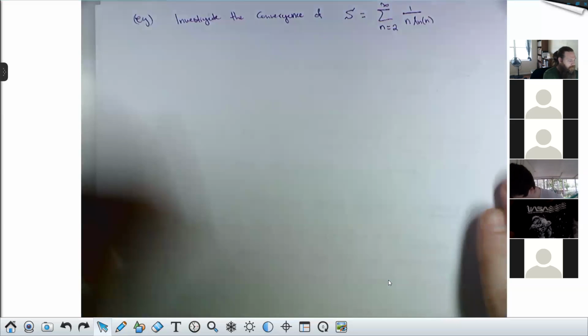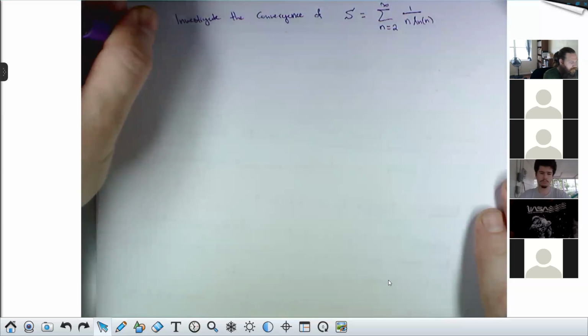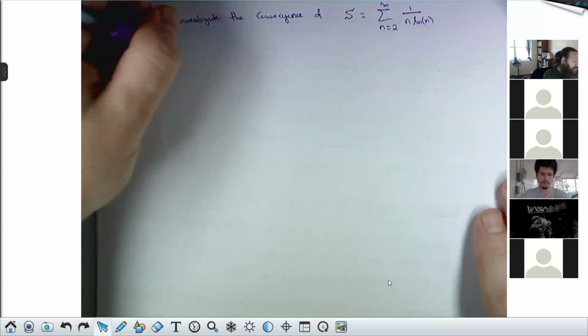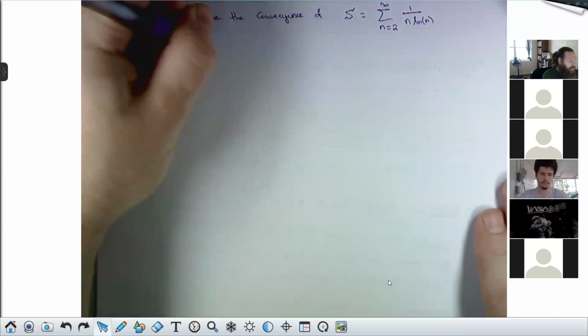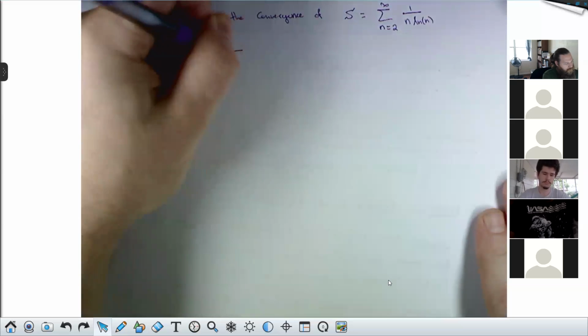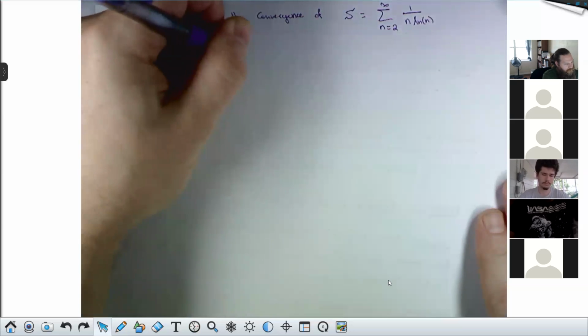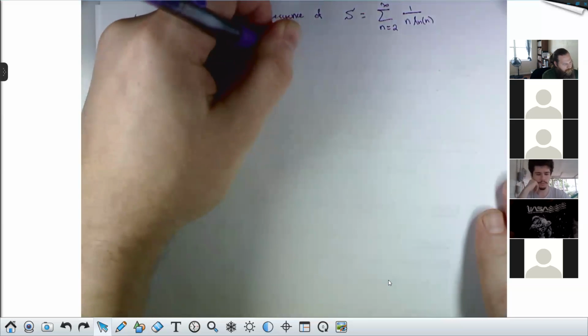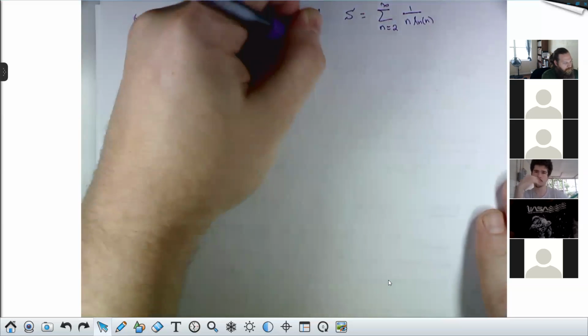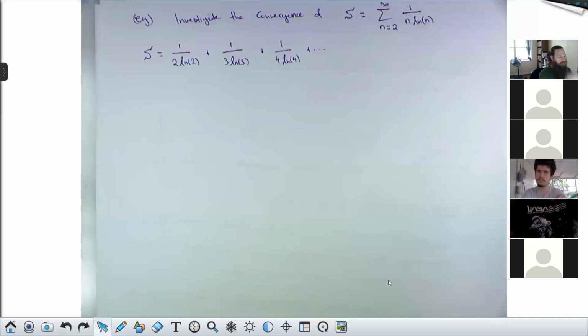Just to make sure we're on the right page, S here would be 1 over 2 times ln 2 plus 1 over 3 times ln 3 plus 1 over 4 times ln 4, and so on.